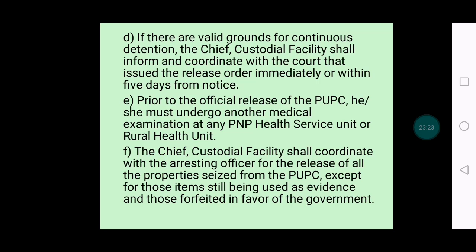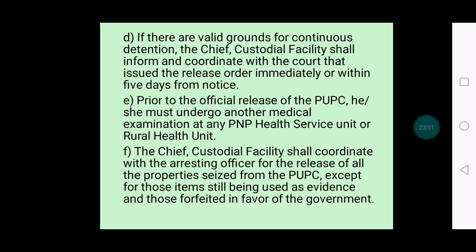If there are valid grounds for continuous detention, the chief custodial facility shall inform and coordinate with the court that issued the release order immediately or within 5 days from notice. Prior to the official release of the PUPC, she must undergo another medical examination at any PNP health service unit or rural health unit.